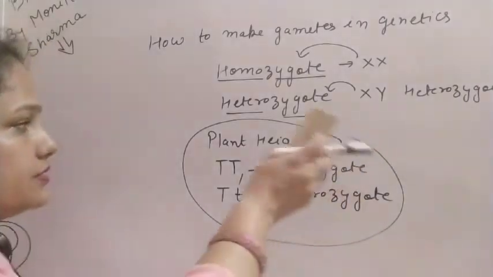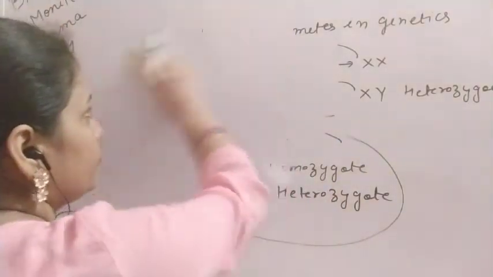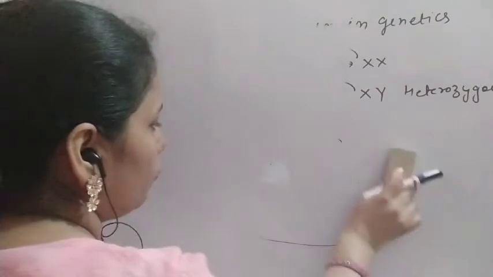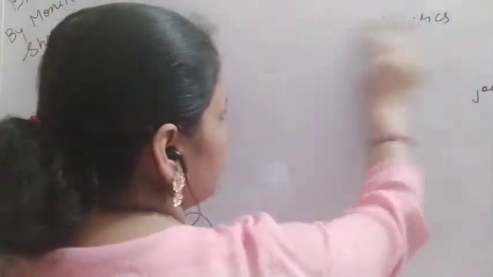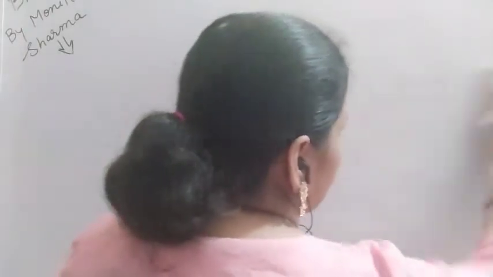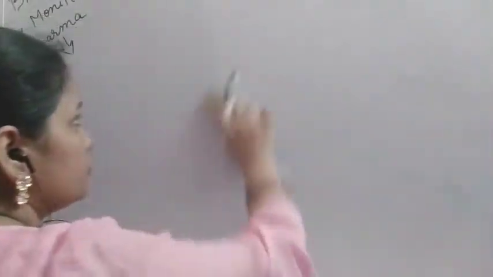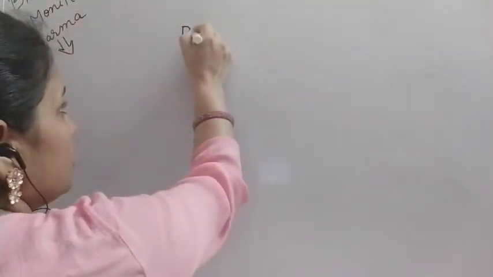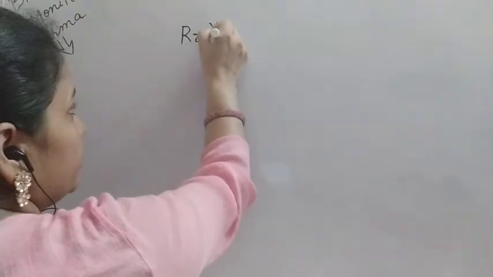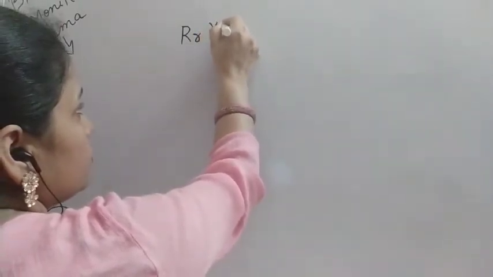So let's take an example. We can take the example of 2 characters or 3 characters also, because in this chapter we are solving problems taking 2 characters, but today we will take 3 characters also, so that there will be no confusion. Suppose capital R, small r, capital Y, small y.